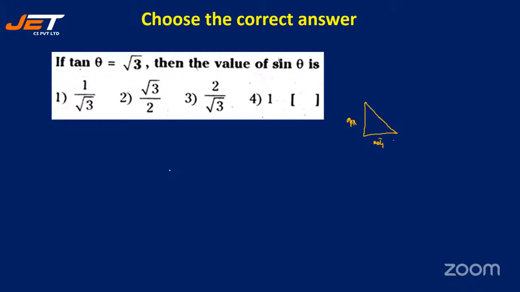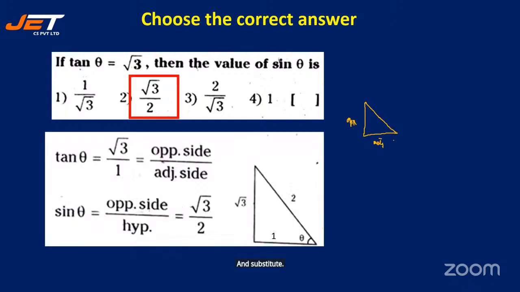What value of tan theta is root 3? Tan 60 is root 3. As I told you, opposite side by adjacent side. So what is the opposite side here? Root 3 by 1.